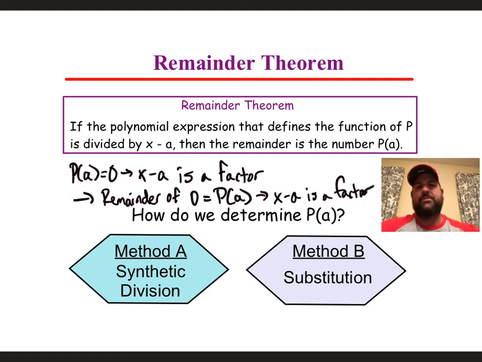So there will be times when we might want to use both of these methods, whether it's synthetic division or substitution. Both of them are ways that allow us to determine, is a binomial a factor of the polynomial? Let's take a look at some examples where we're going to use synthetic division.